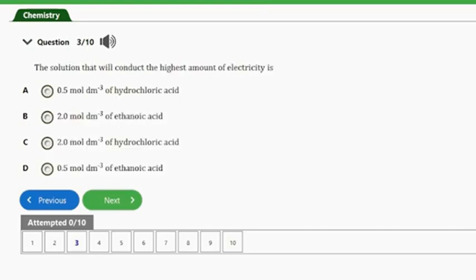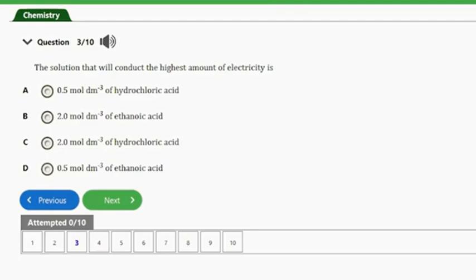Question number 3 here says, the solution that will conduct the higher amount of electrolytes is A, 0.5 mole per dm cube of hydrochloric acid, B, 2.0 moles per dm cube of ethanoic acid, C, 2.0 mole per dm cube of hydrochloric acid, D, 0.5 mole per dm cube of ethanoic acid.